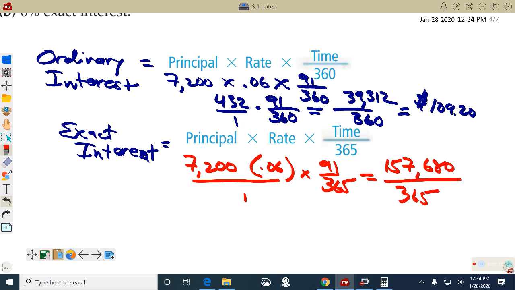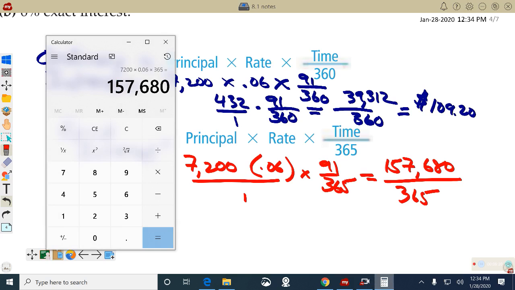Again, I'm just going to let the calculator do the work. 157,680 divided by 365 is $432.